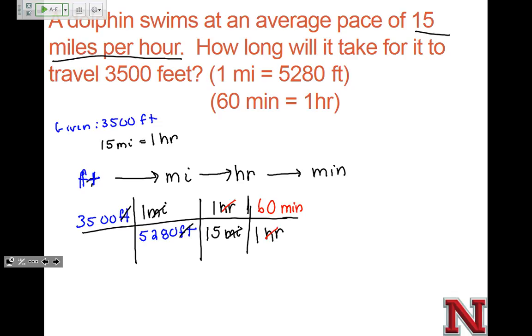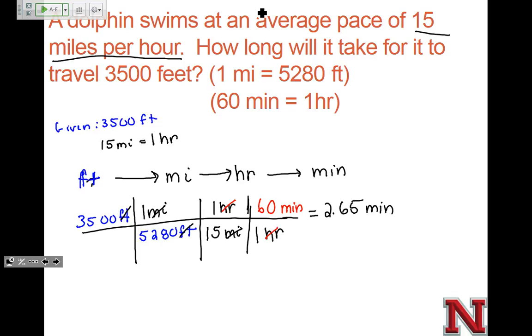So then I just calculate this. When I do that calculation, I get 2.65 minutes.